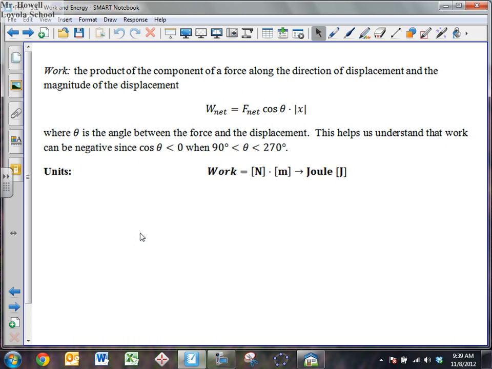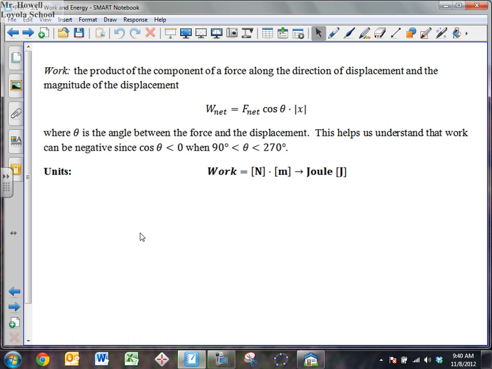So again, it is the product of the component of a force. Component, that's where the cosine comes in. Whenever you see a cosine or a sine, you're looking at components. Along the direction of the displacement and the magnitude of that displacement. Magnitude meaning absolute value, that's why you see the absolute value around the x.